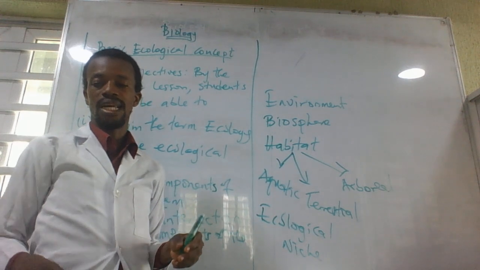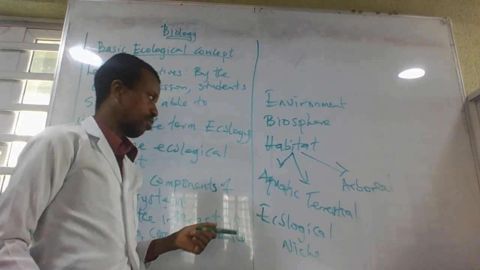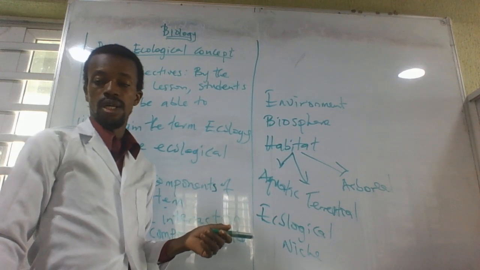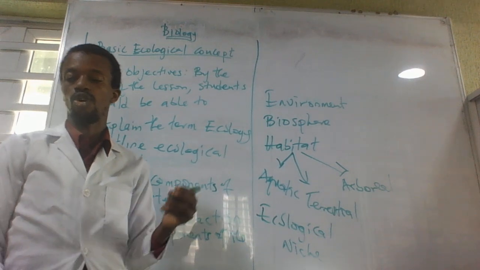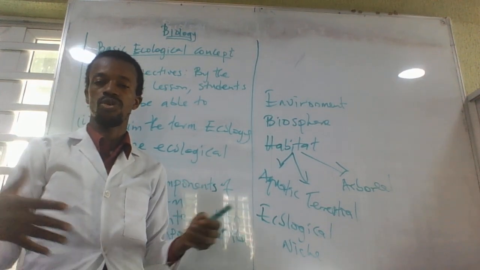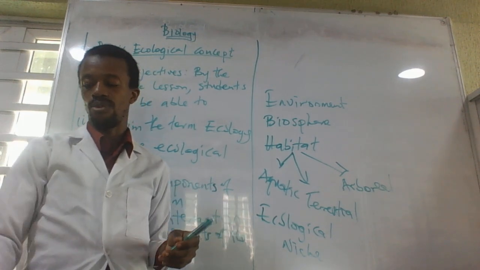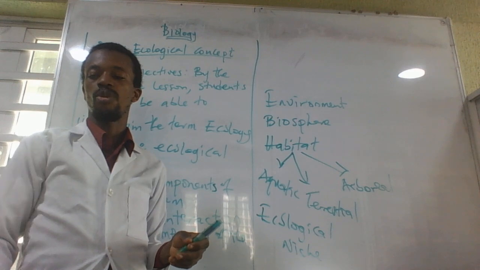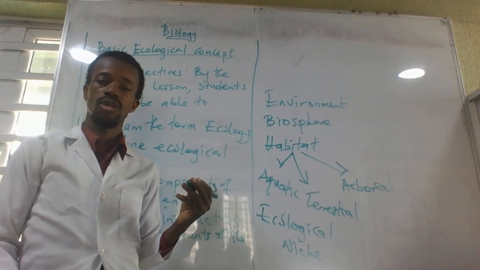So then lastly we talk about the ecological system, then biomes, that is a large natural terrestrial ecosystem. They consist of plants and animals, and they cohabit in relation to their environment. Then the last part of the component of the ecosystem is the biotic and the abiotic components.